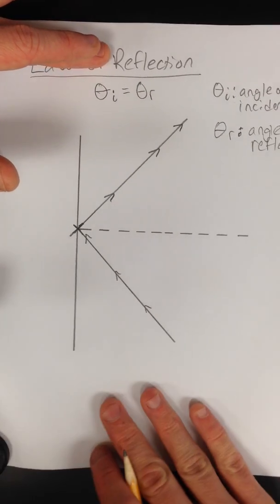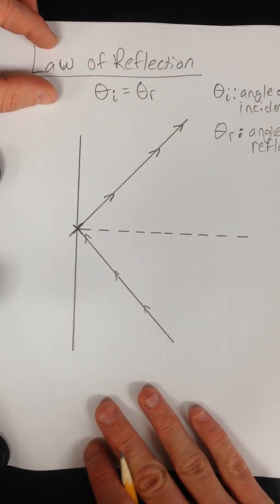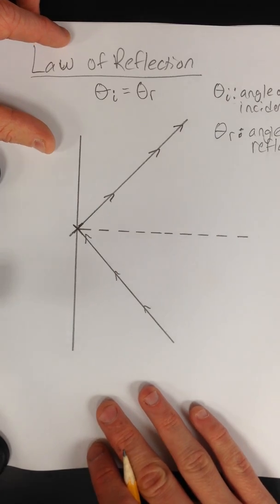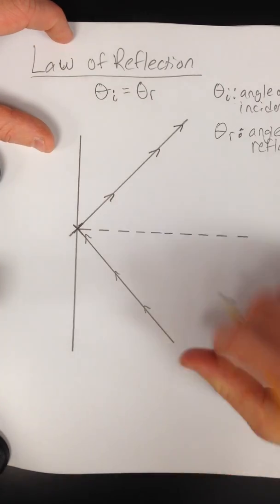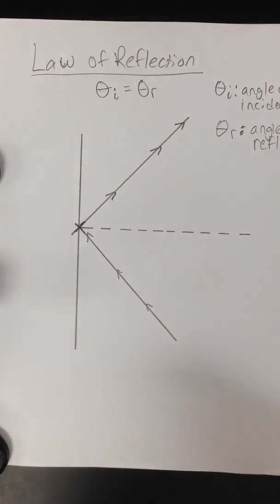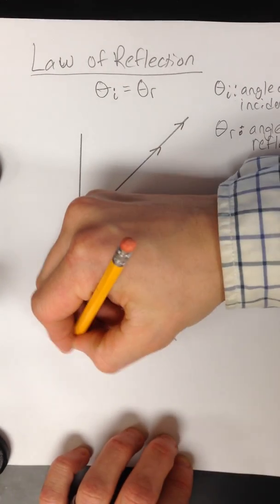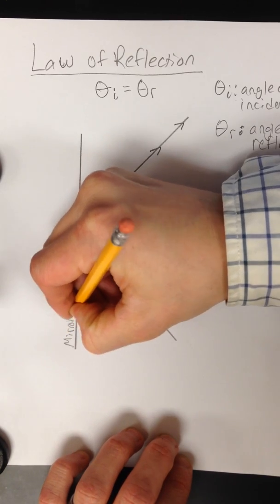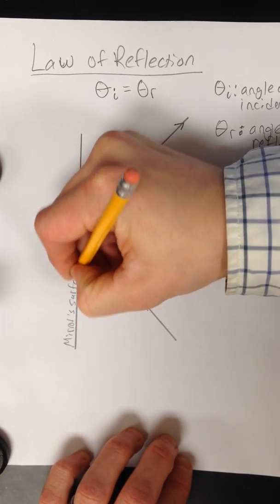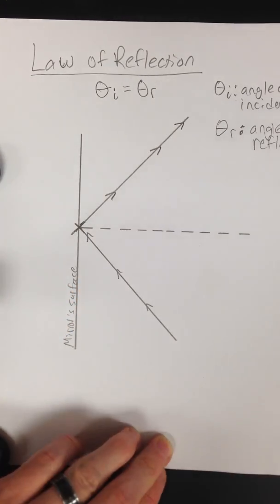So what is the angle of incidence and angle of reflection when light hits off a mirror? Well, the first thing we need to do, draw this diagram down here like I have set up. I have light coming into a mirror and leaving the mirror. This is the mirror's surface right down there. So label that.